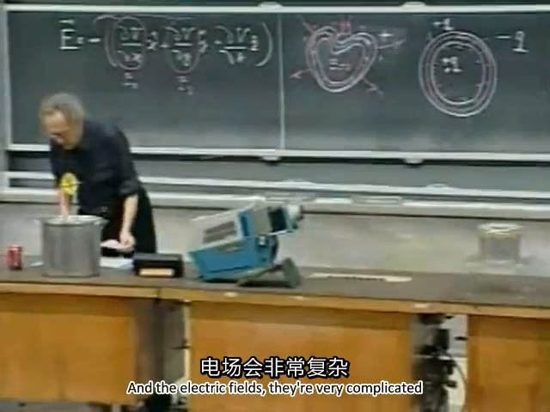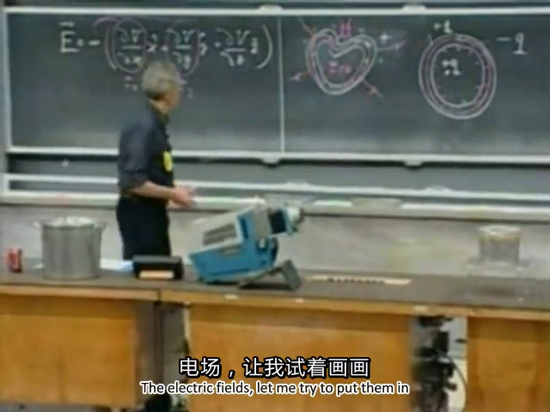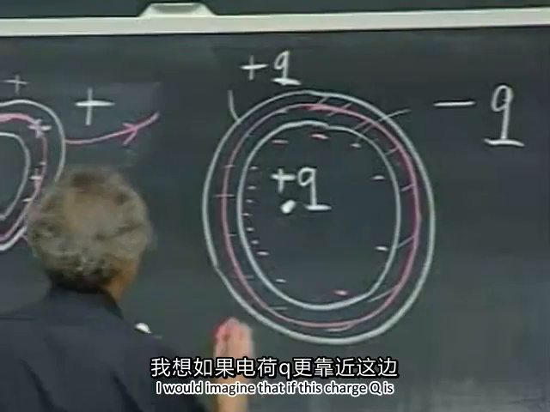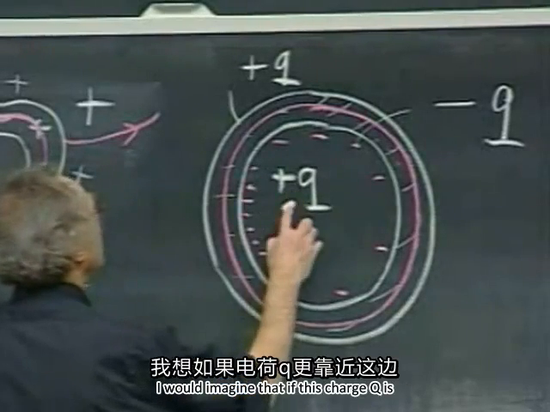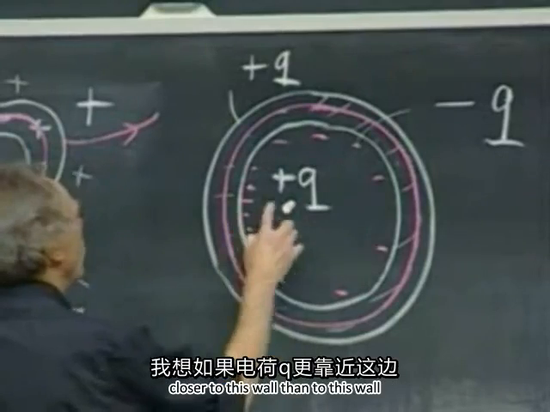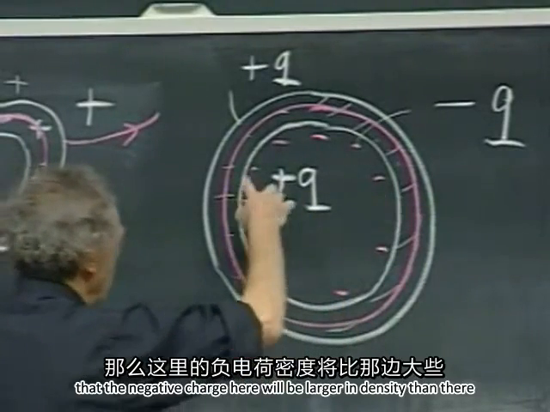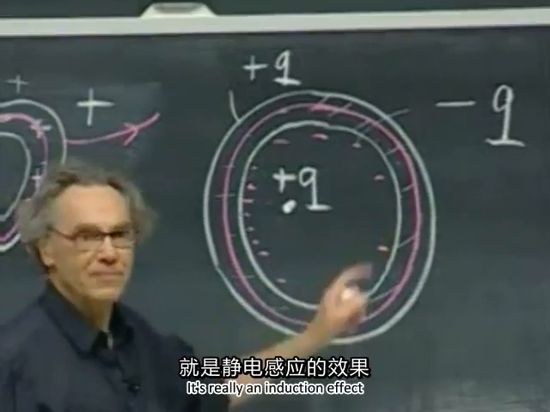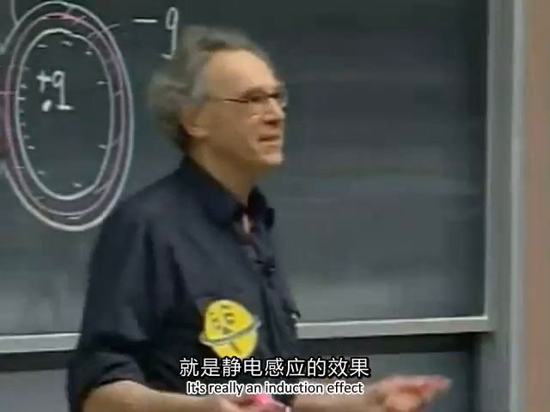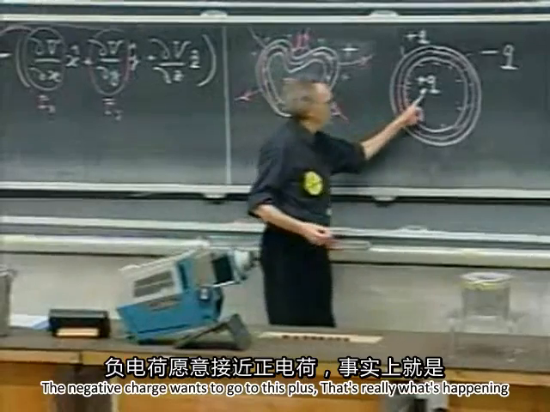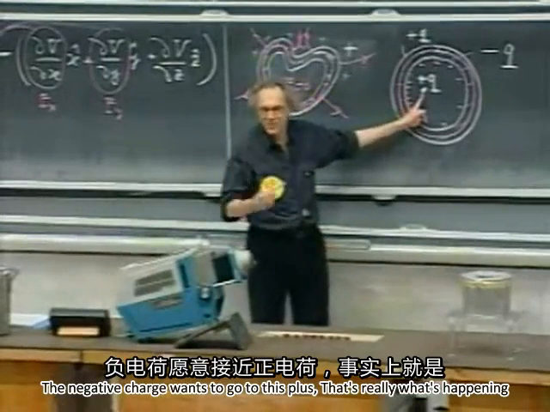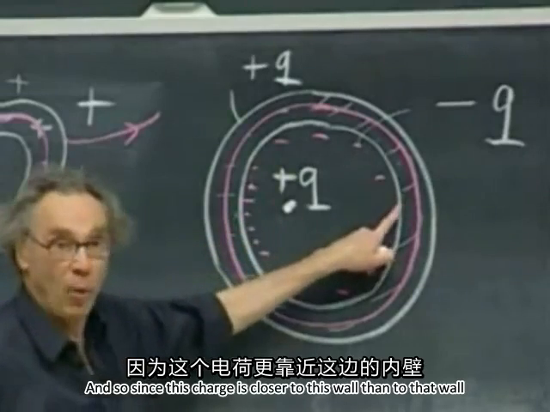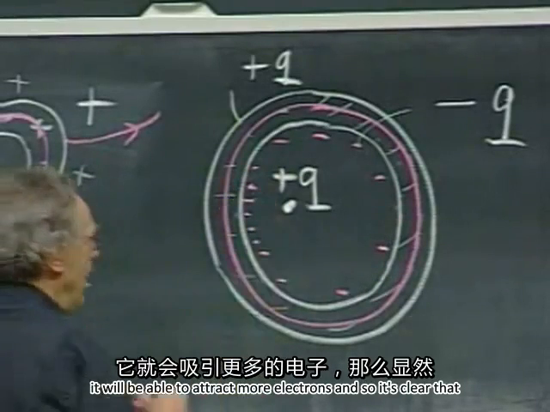And the electric fields, they are very complicated. The electric fields, let me try to put them in. I would imagine that if this charge Q is closer to this wall than to this wall, that the negative charge here will be larger in density than there. It's really an induction effect. The negative charge wants to go to this plus. That's really what's happening. And so since this charge is closer to this wall than to that wall, it will be able to attract more electrons.